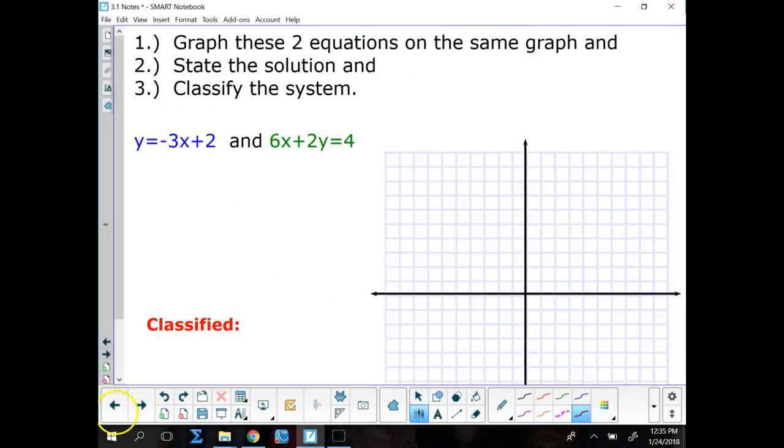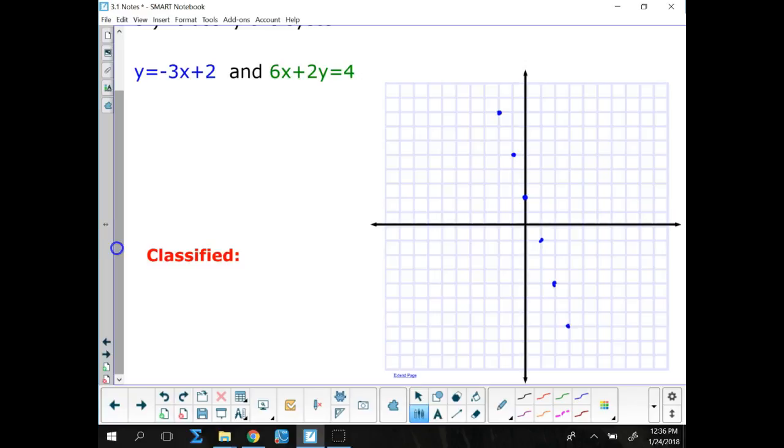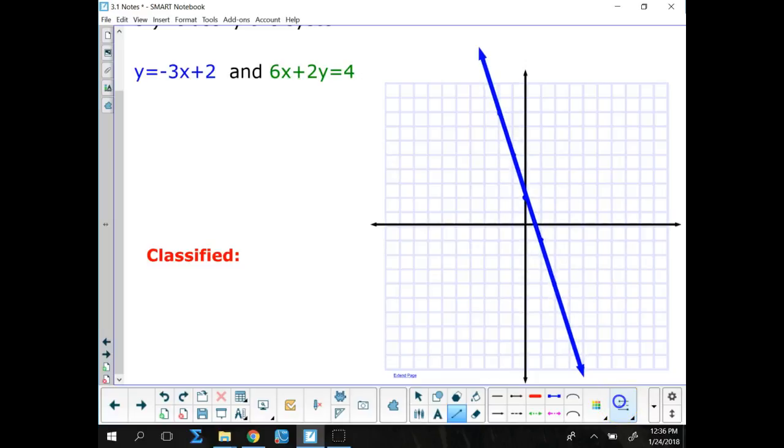Goes there, then slope of -3 is there. They end up to be the exact same line.